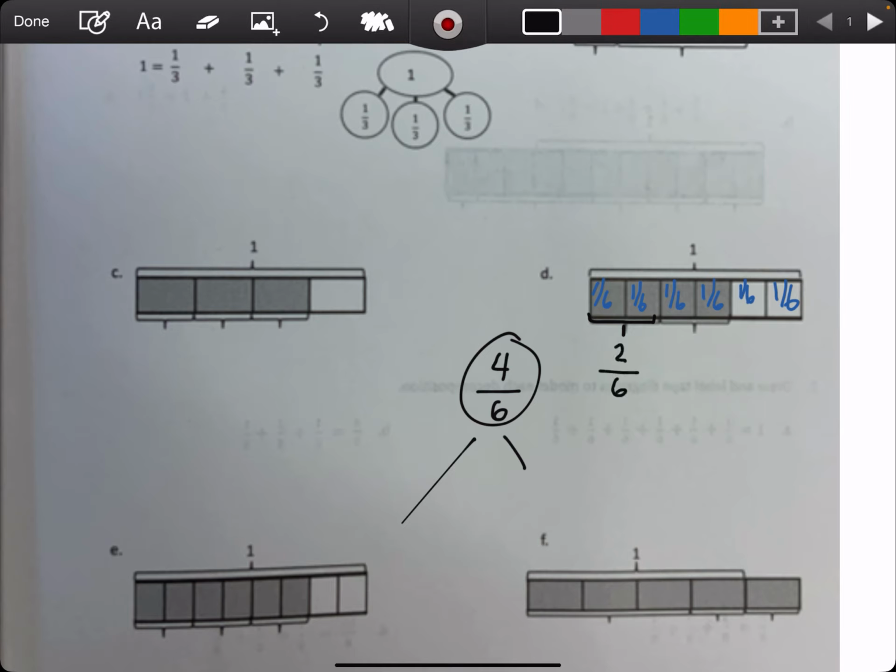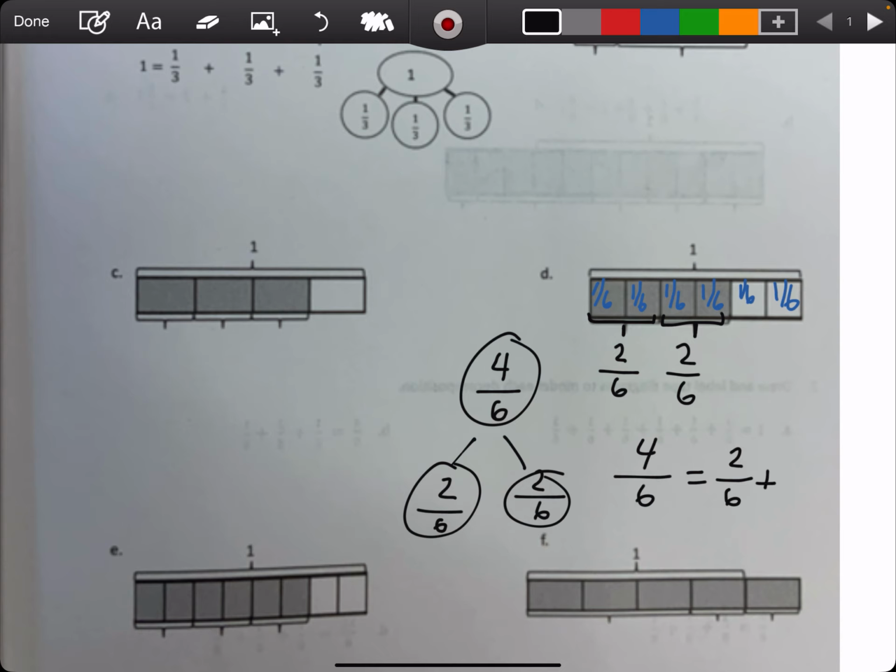And over here, again, 2/6. So what I'm going to do is down here, I go 2/6 and 2/6. There's my number bond. And my number sentence is 4/6 equals 2/6 plus 2/6. That is how you can show the number sentence, number bond, and take a look at our tape diagram.